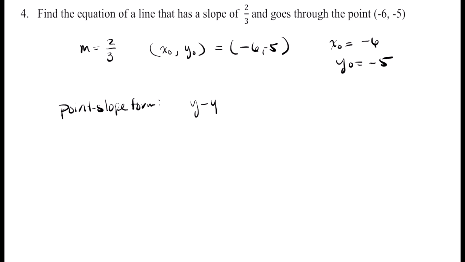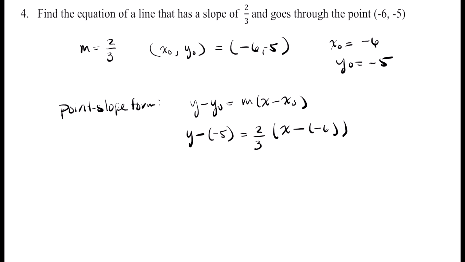And that's y minus y naught equals m times x minus x naught. So let's start filling in our blanks. We have y minus, y naught is -5, so let's leave that in parentheses, equals m. Our slope is a fraction of 2/3 times x minus -6.